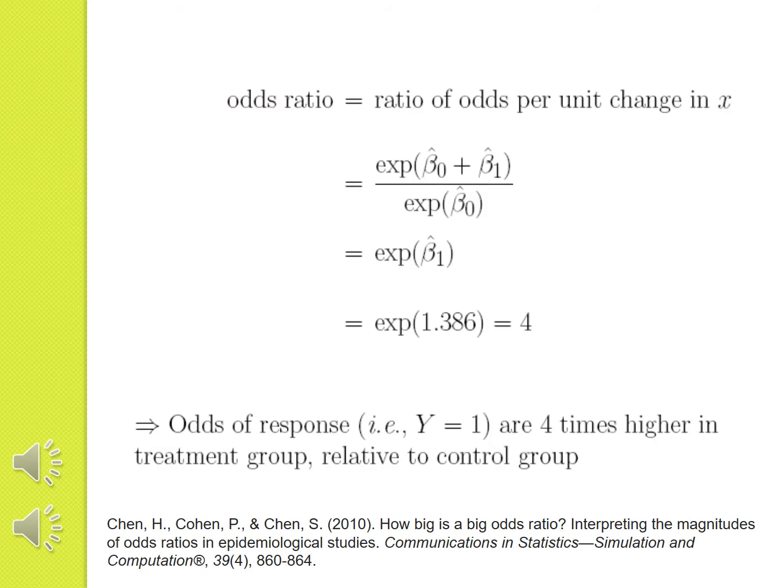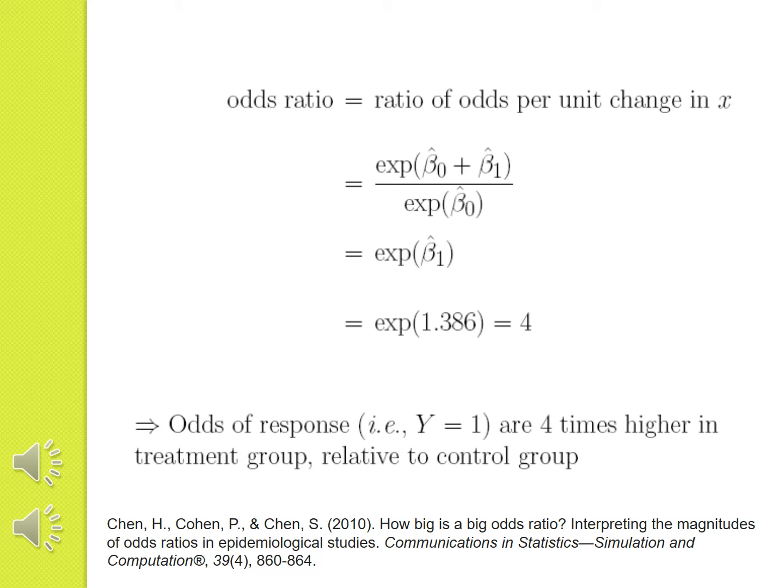There's some more math here for those who are interested in the steps, but what it comes down to is that the odds ratio is the ratio of the odds per unit change in X. In our case, the odds ratio for the intervention is the ratio of the odds for being in the intervention group compared to the control group.